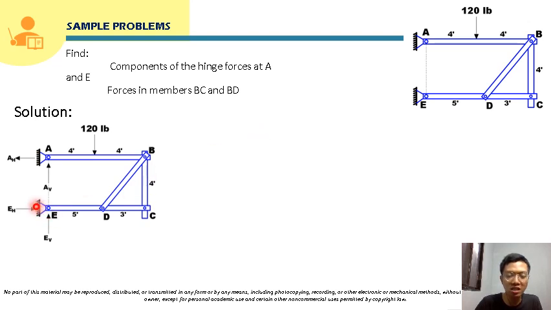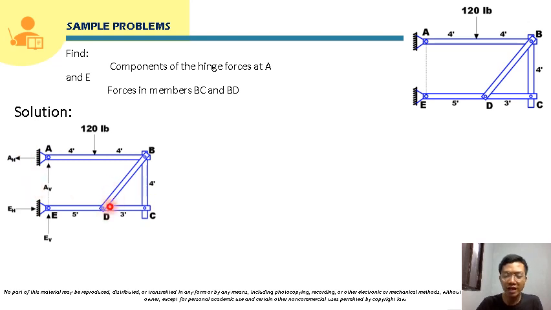So this is the free body diagram of the entire structure. For hinge at E, we know that there will be two reaction forces here, EH and EV. Also for A, which is a hinge, there will also be two reaction forces, one horizontal and one vertical. Since we assume EH is directed to the right, the only horizontal force that will counter that will be AH, so AH should be directed to the left.